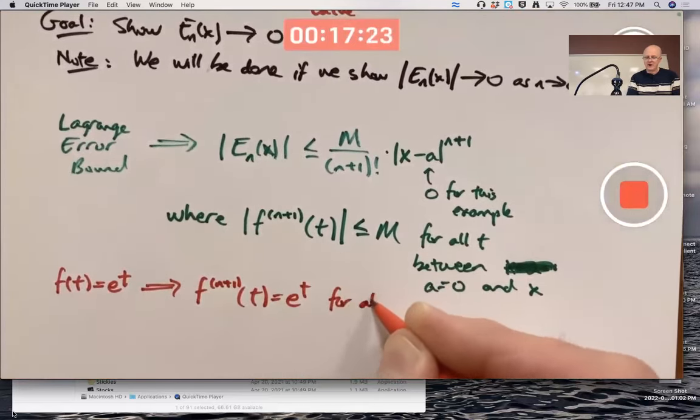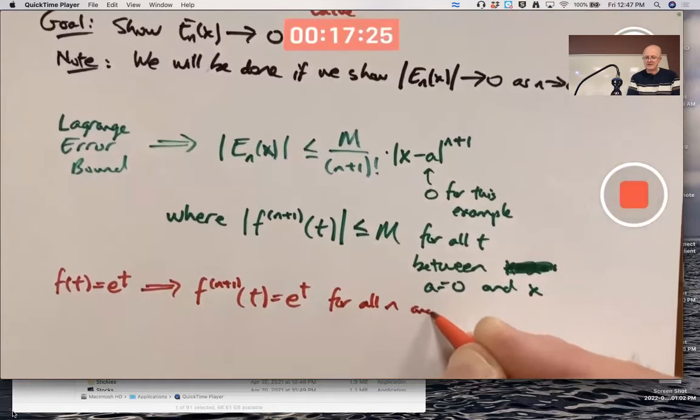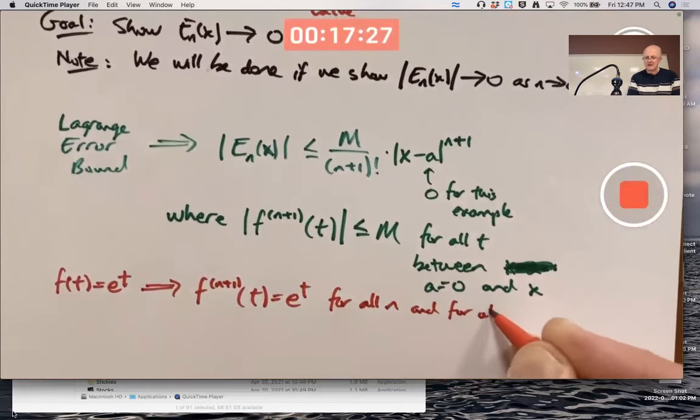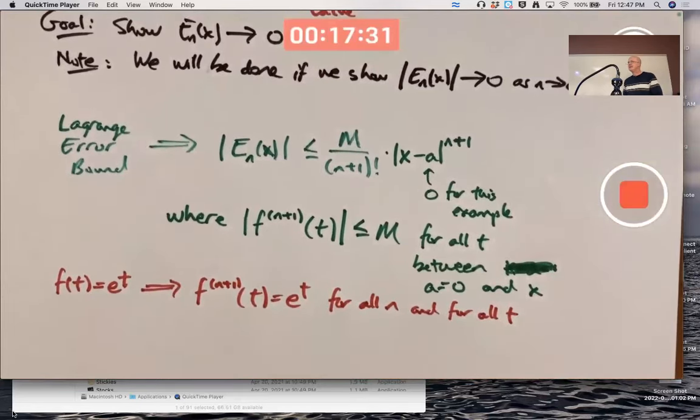This is true for all n and for all t. E to the t is a nice function because of this property. Still not out of the woods. Still may not be clear how to find m.